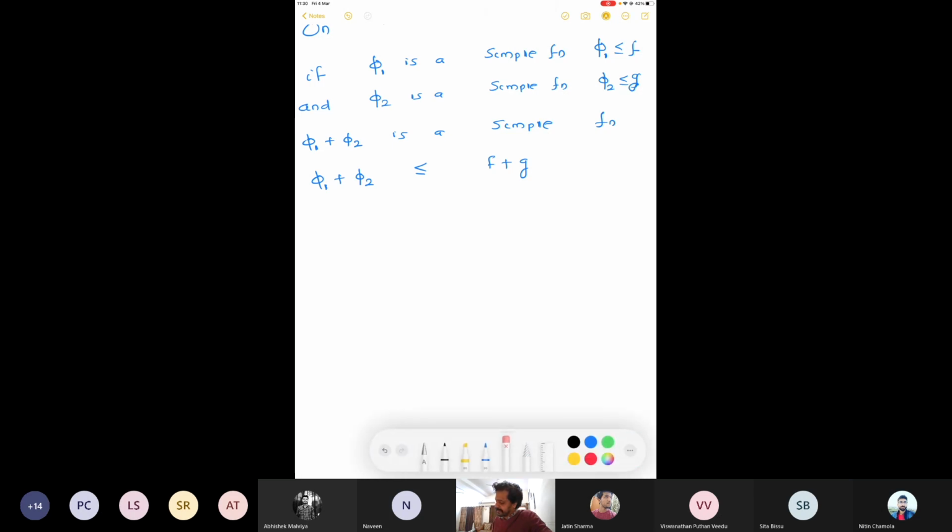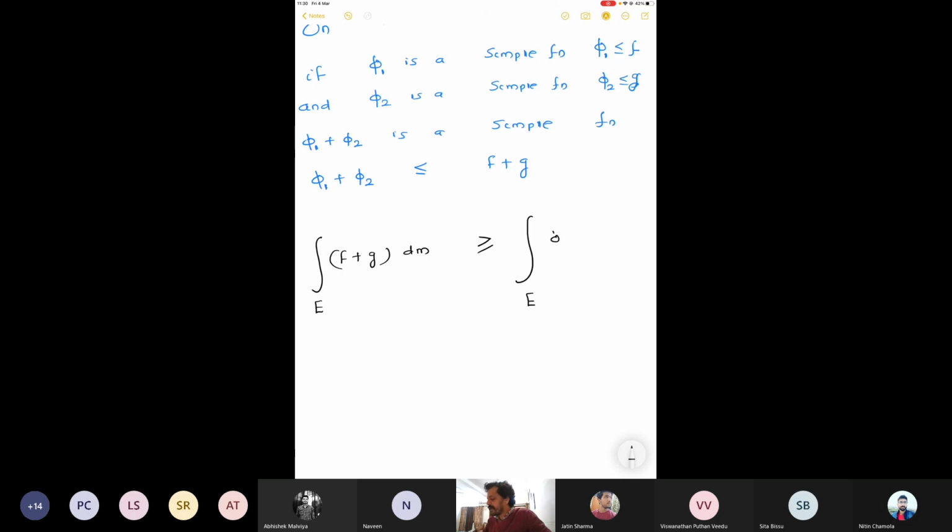I will write first the integral over e of f plus g. Therefore, the integral over e of f plus g dm, which by definition is the supremum of the integrals over all simple functions less than or equal to f plus g, will be greater than or equal to the integral over e of phi1 plus phi2 dm. Do you agree?